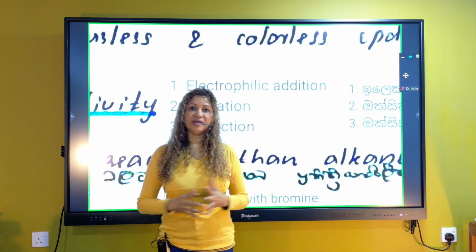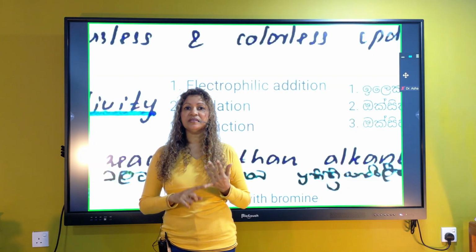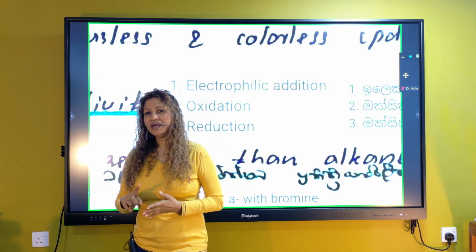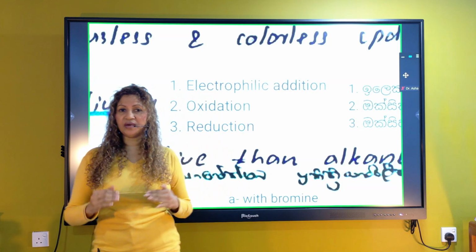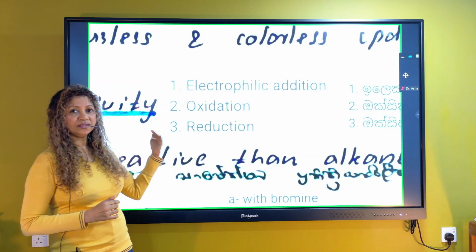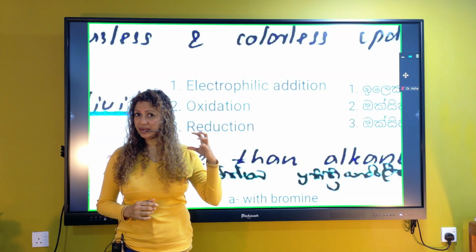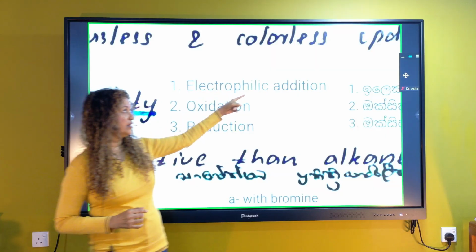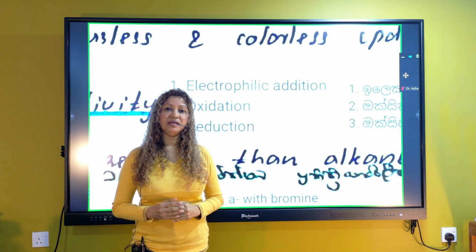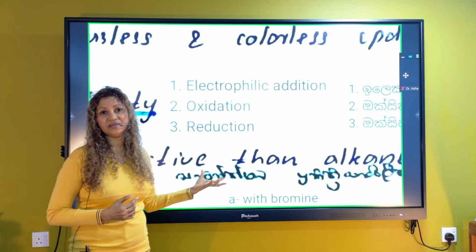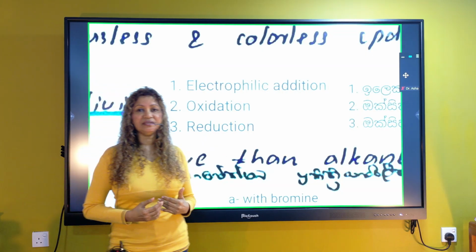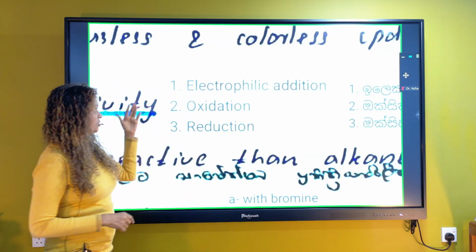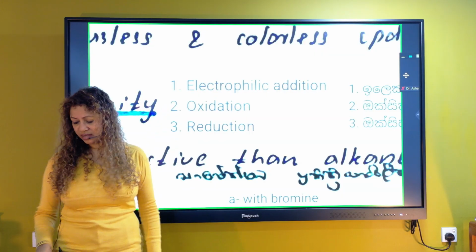We have 4 different kinds of organic reactions: substitution, addition, elimination and redox. Out of those 4, since we have double bonds here, the characteristic reaction type of alkenes and alkynes is electrophilic addition. Since the electron density is greater, electrophiles are attracted. Other than that, we have 2 other reactions, oxidation and reduction.